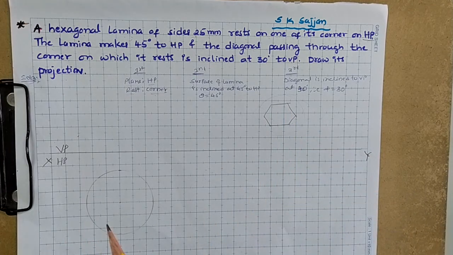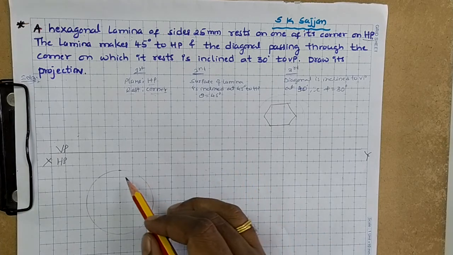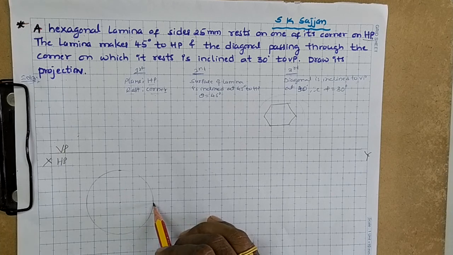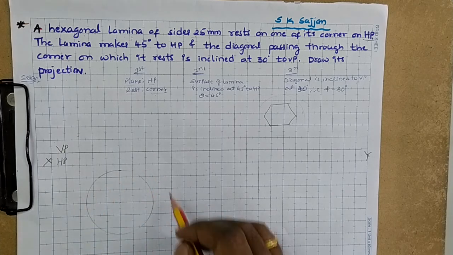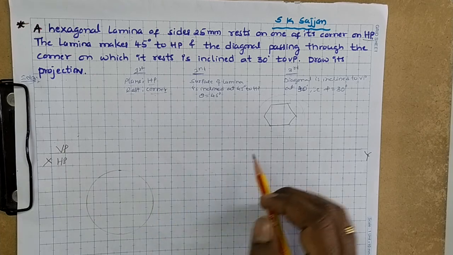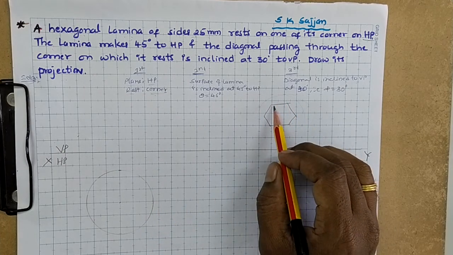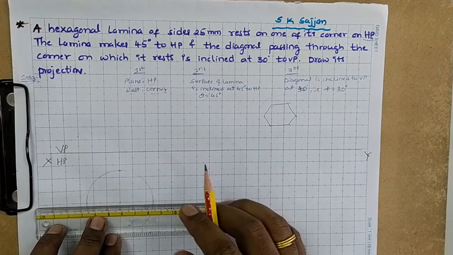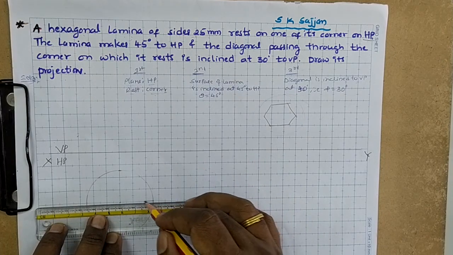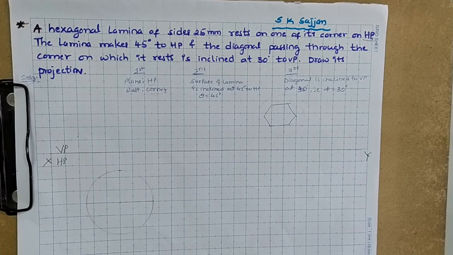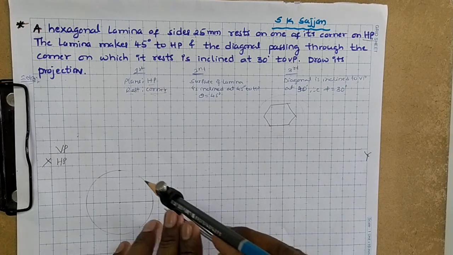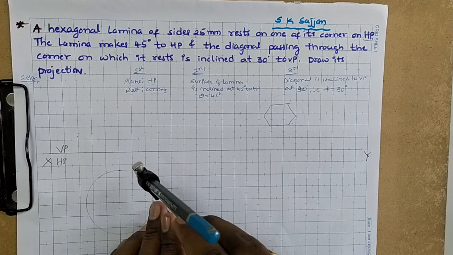Draw the horizontal diameter. First draw a circle of radius 25 mm, which is equal to the length of the side of the hexagon. Draw the circle of radius 25. Now in this diagram the horizontal line is there, and draw the horizontal diameter. Now construct the hexagon. How to construct?